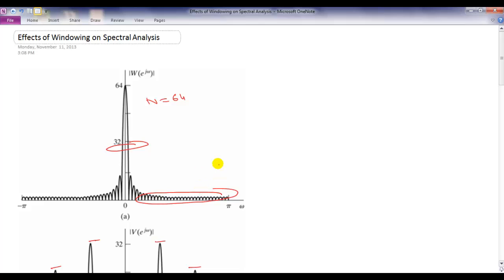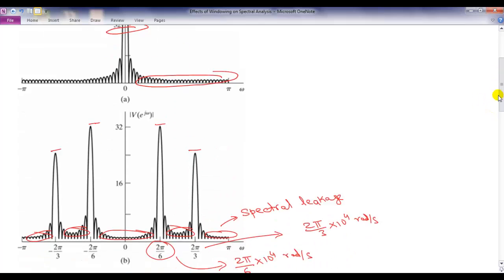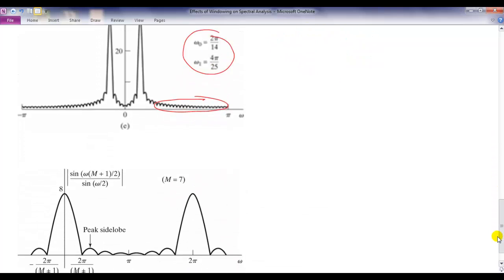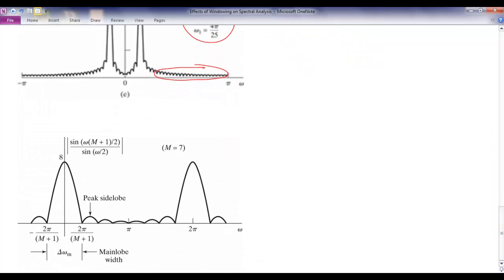Okay? And these things have special names in the literature on spectral analysis and in the literature on filter design. So here your m plus 1 equals n. Okay.